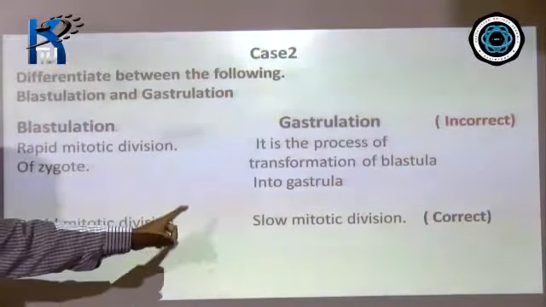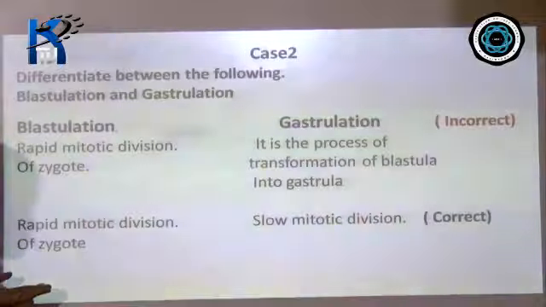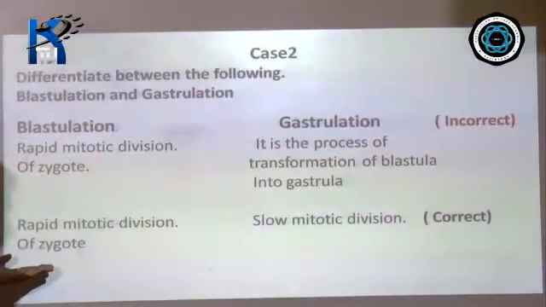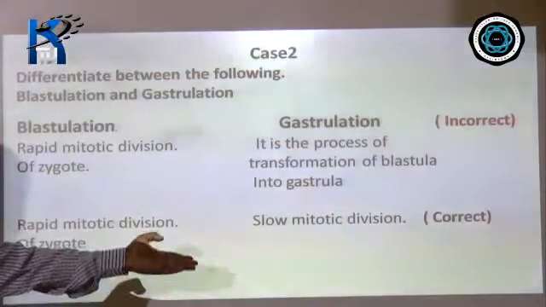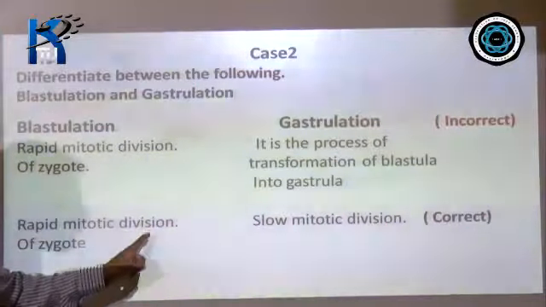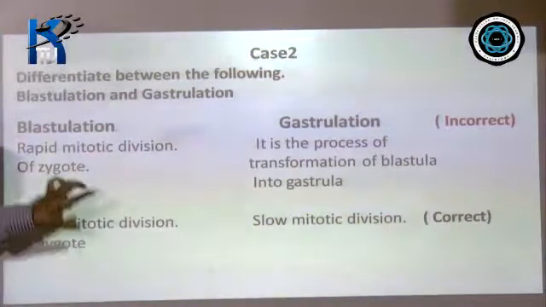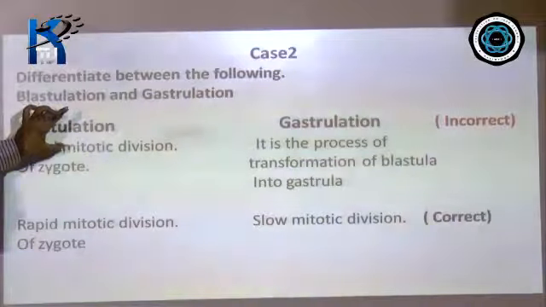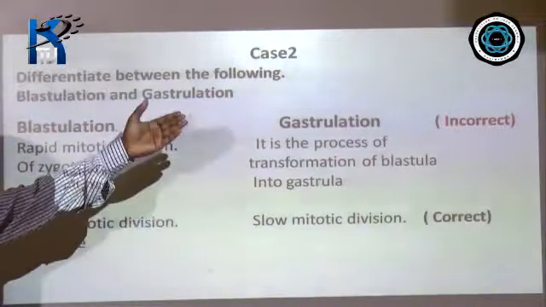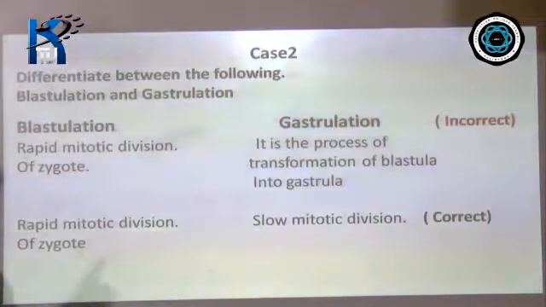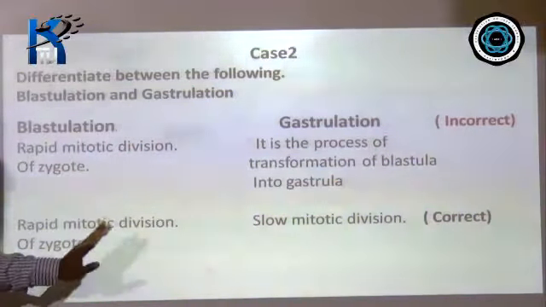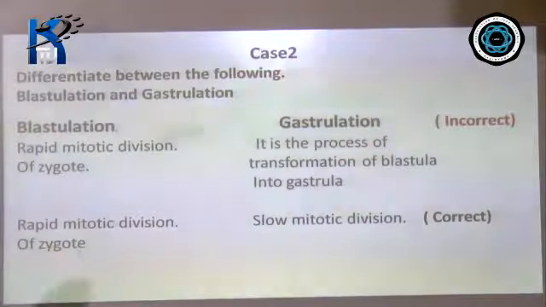Now the next one should be slow mitotic division, and now it becomes a compatible point: one is rapid mitotic division, another is slow mitotic division. So these 2 points are compatible. Although the sentence for gastrulation is also right, you do not have a compatible point. So whenever differentiate comes, always keep in mind that they must be compatible points.